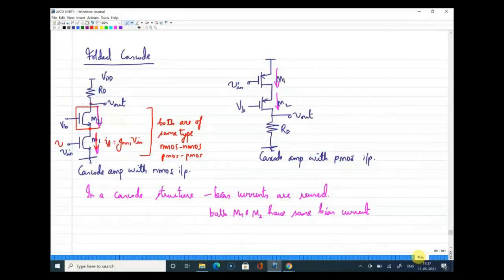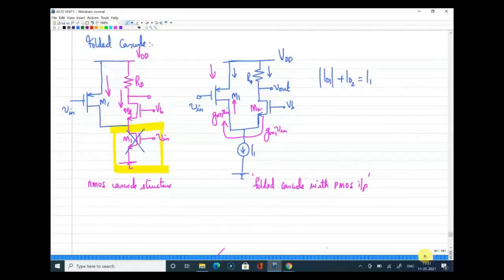Then we saw another variant of cascode, which is called folded cascode. The idea is that instead of using the same device type for both the input and cascode device, we can have different devices by having a structure called folded cascode, and we saw how these structures are drawn from the initial cascode structure, how you can fold the structure and fold the small signal current.